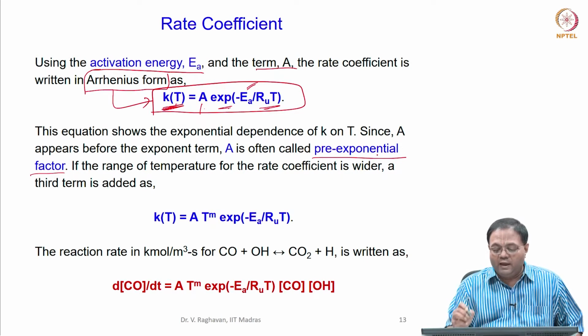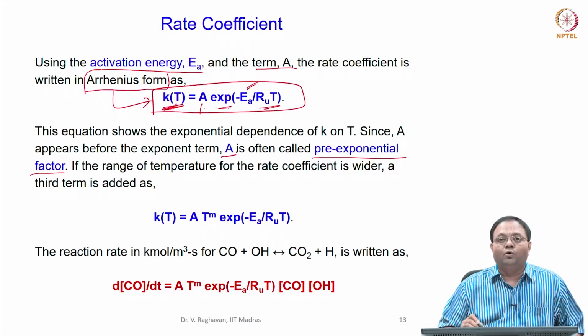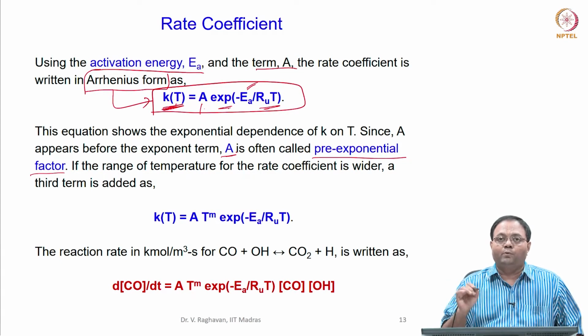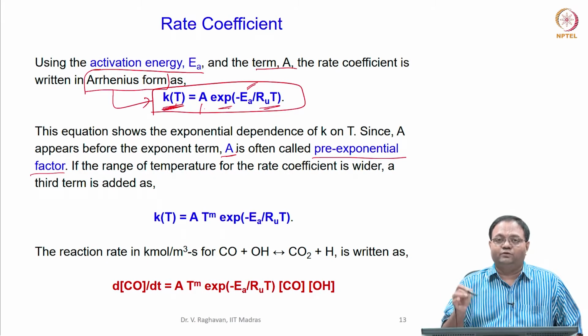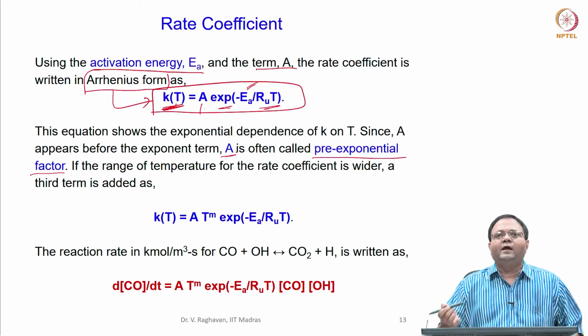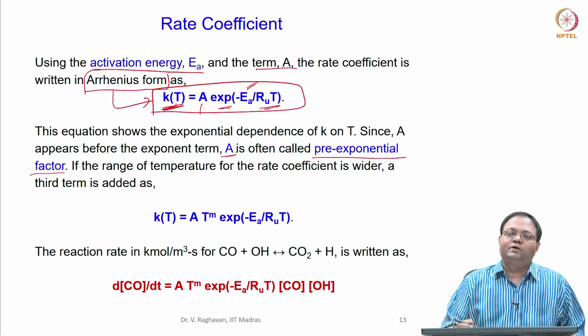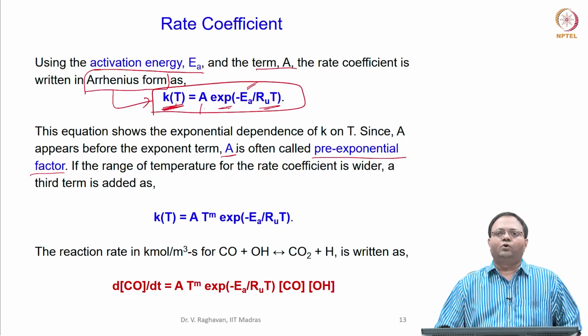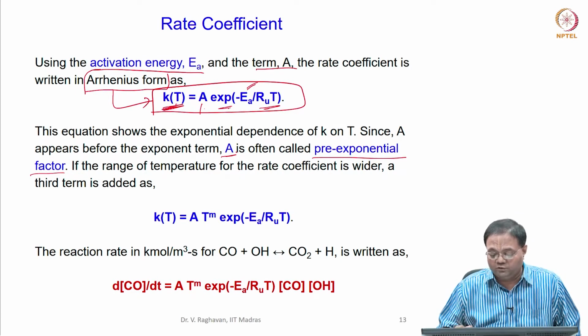And this A takes into account the probability whether the collision will occur between proper molecules or they will occur at proper orientation and they will be successful or not and so on. So, these are all like probability based things. That is what I told, even though kinetic theory helps us to attain some factors of this, experiments are going to help us in providing the final data to us.